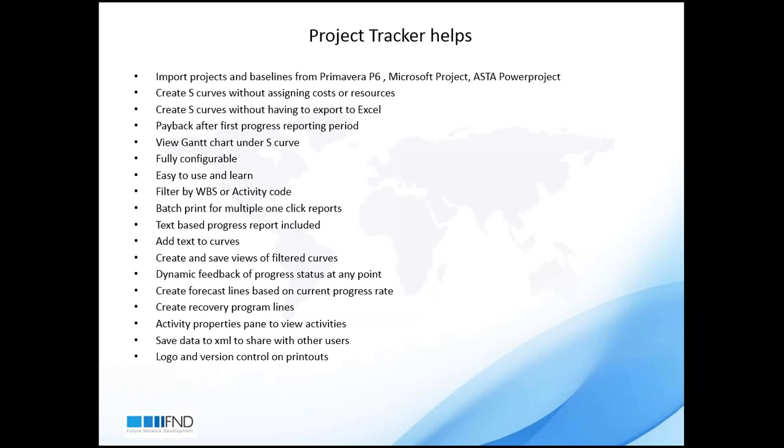We can save our S-curves to XML data, and if someone doesn't use Project Tracker, we can still share an XML file with other stakeholders. Of course, we are also able to add onto our printouts the logo of the client or our company, and the version, which also helps us track the changes.